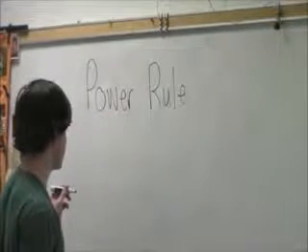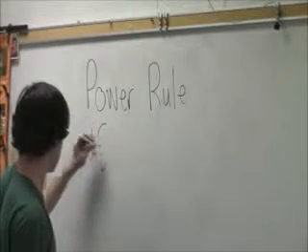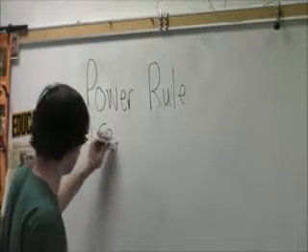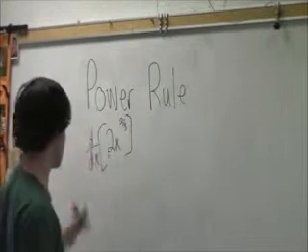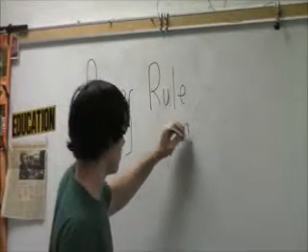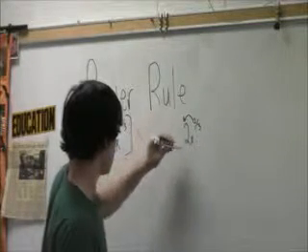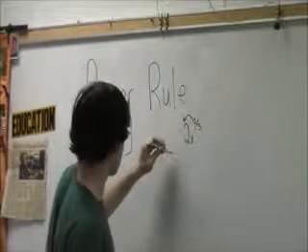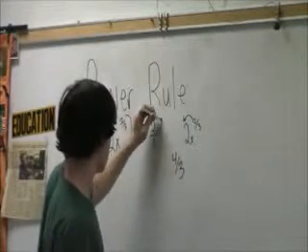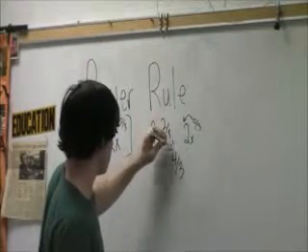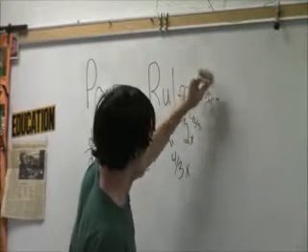Alright, this time we'll be going over power rule again. And this time it will be d over dx of 2x raised to the 2/3. As you can see, you just multiply the 2 by the 2/3.